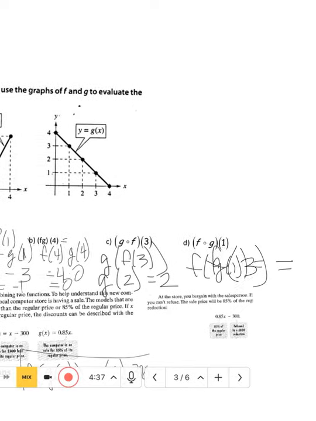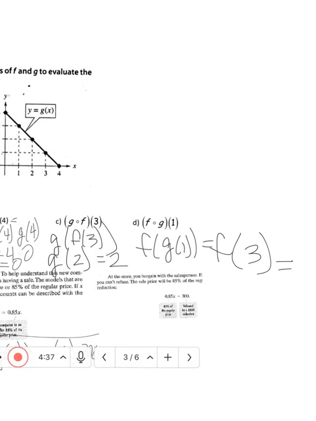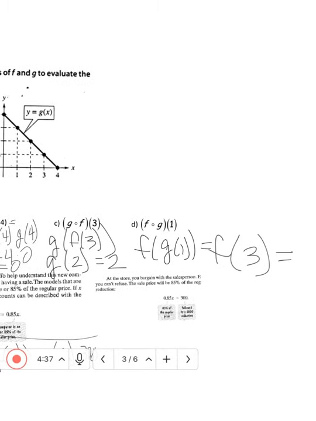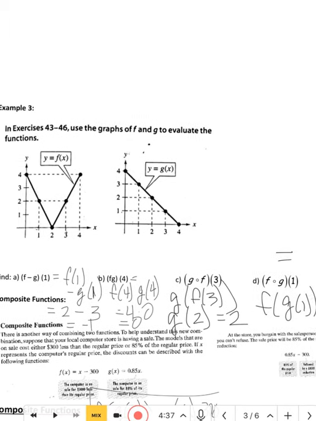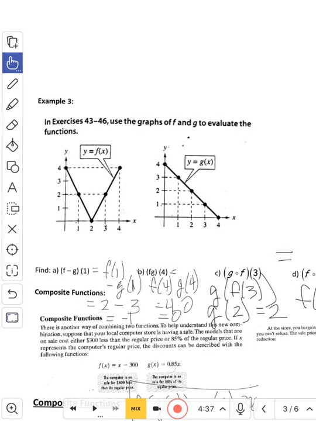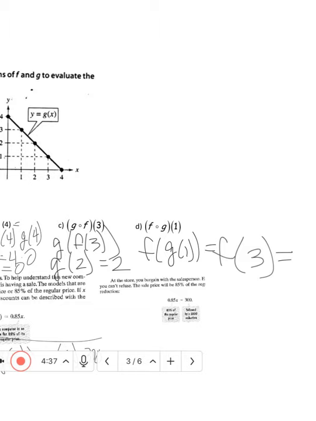So we go over to the f graph. Oops, sorry, it didn't get connected. There we go. So now we have f of 3, and so we go to the input of 3 for f, and the output is 2. So we come over to here, f of 3 equals 2.